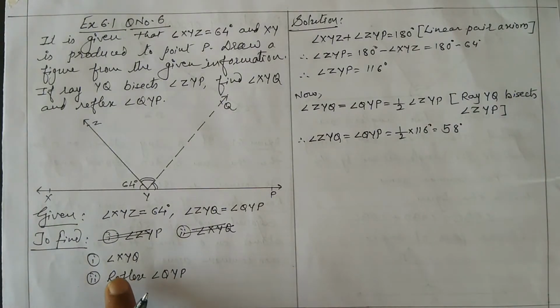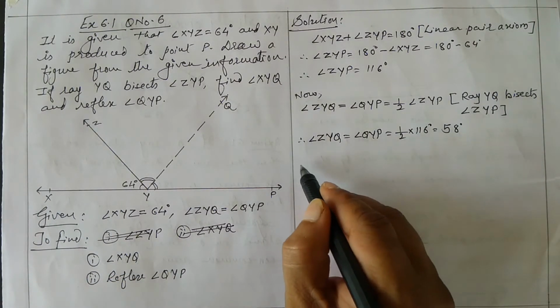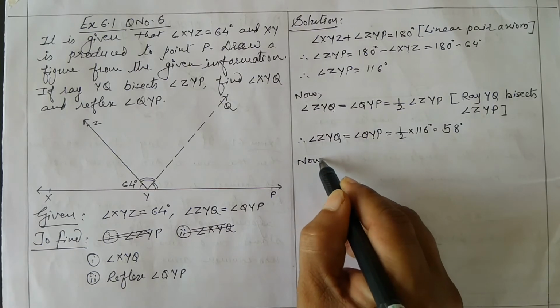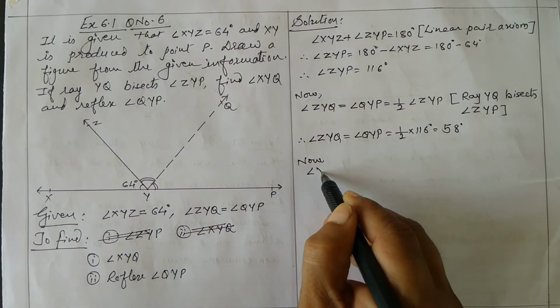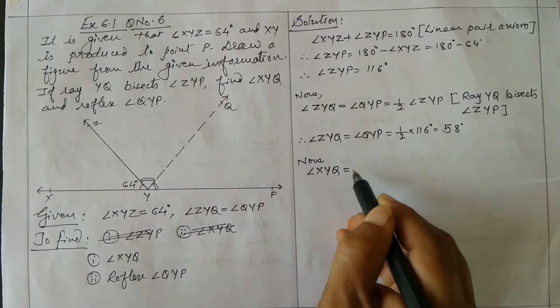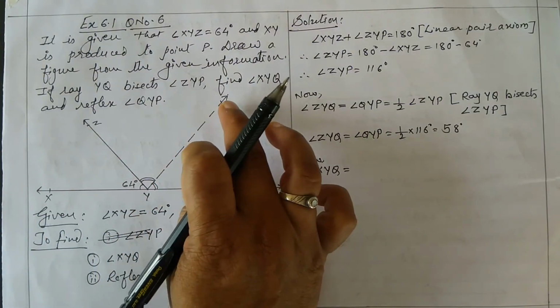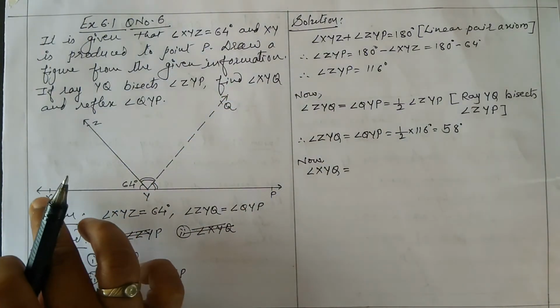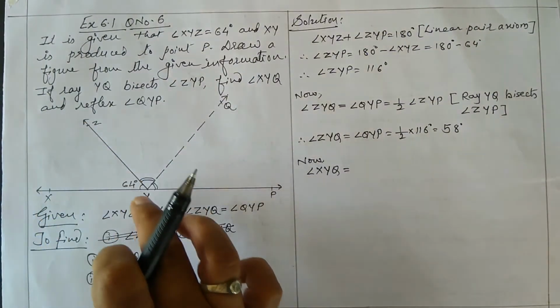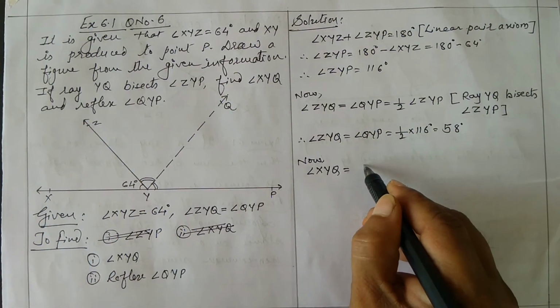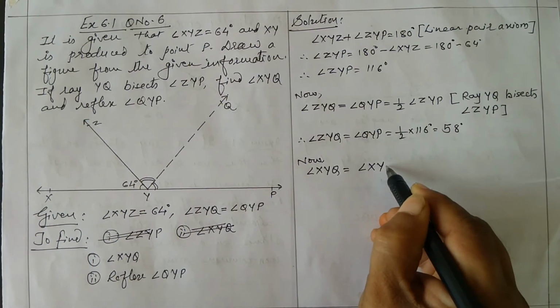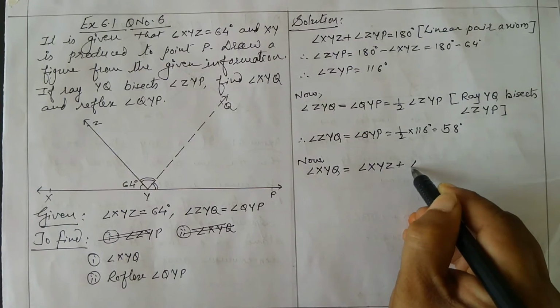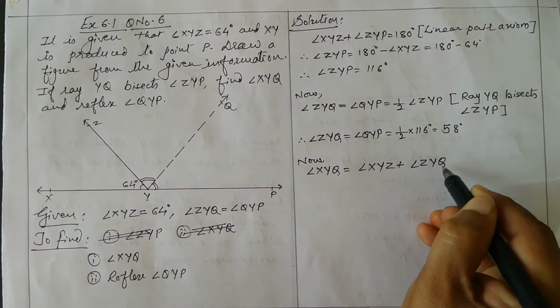Now what do you want to calculate? You want to calculate angle XYQ. Okay, now angle XYQ, see the figure, XYQ is what? XYQ is XYZ plus ZYQ, which is angle XYZ plus angle ZYQ.